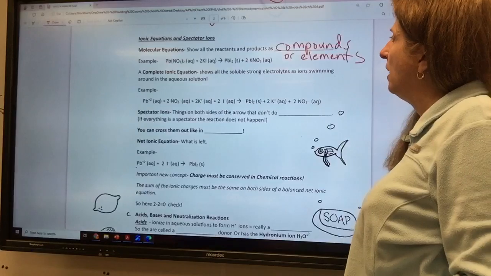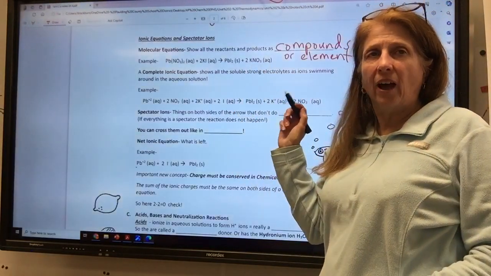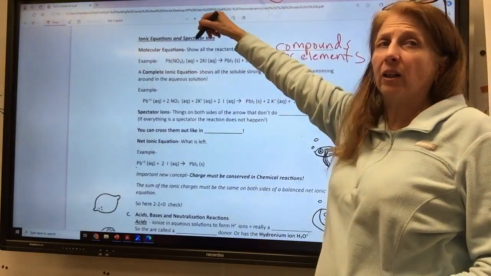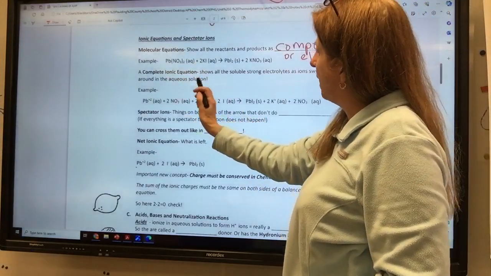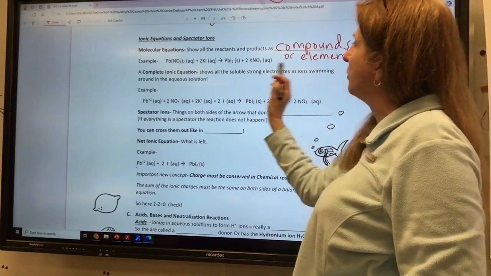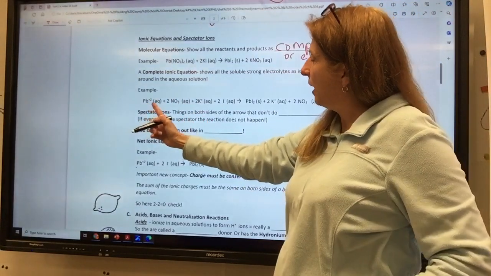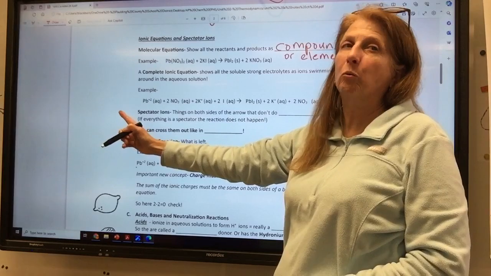There it is. But we can think about that some of these ions are just swimming around like fish. So instead of molecules, we can write it as ions. So a complete ionic equation shows all the soluble strong electrolytes as ions swimming around in the aqueous solution. So lead ions, remember we started off with just two things that look like water.